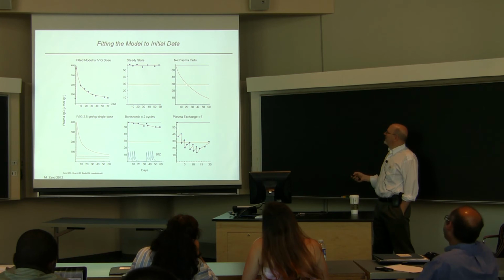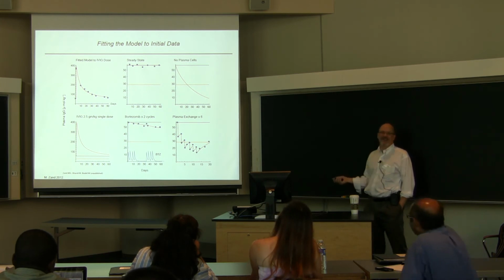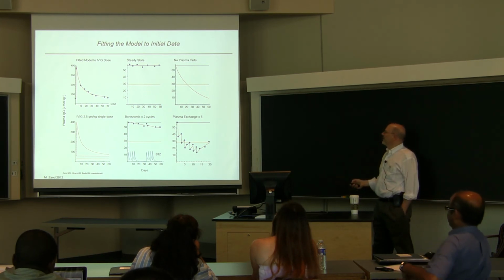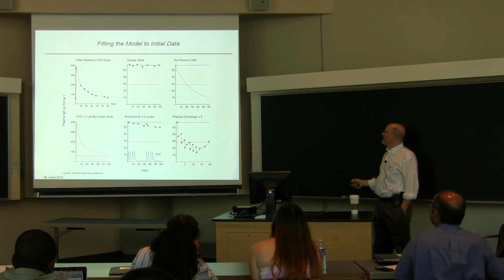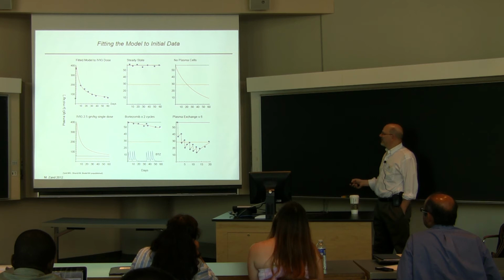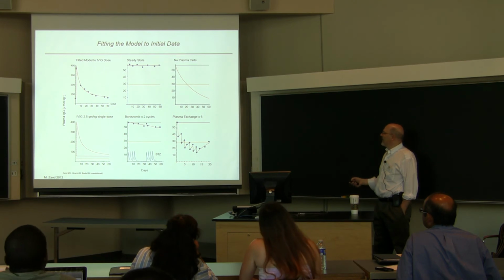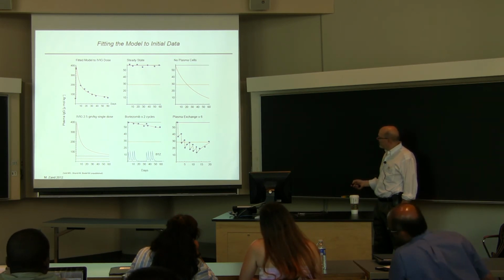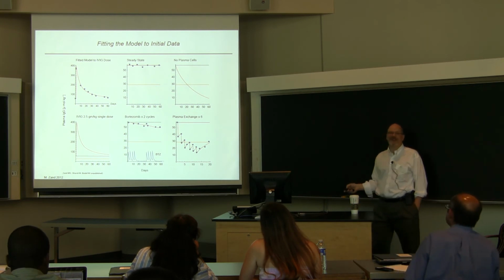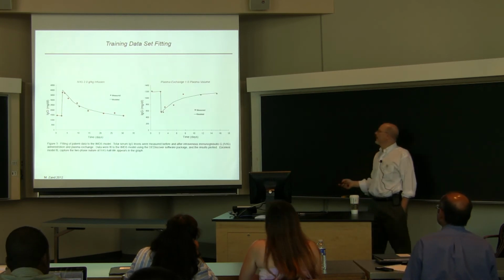But you can see that the IgG levels go down over time, and that looks pretty reasonable. Here's an agent that destroys plasma cells, not all of them. And you can see that the IgG level goes down, and these are the actual measured data for this patient. Here's plasma exchange, and you can see, well, the fit's pretty good, but maybe not completely good, and we have to figure out what that measure is.